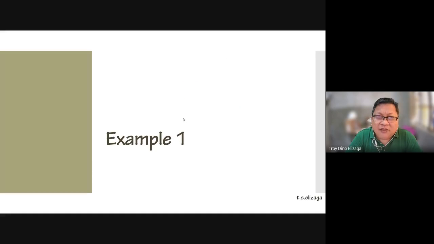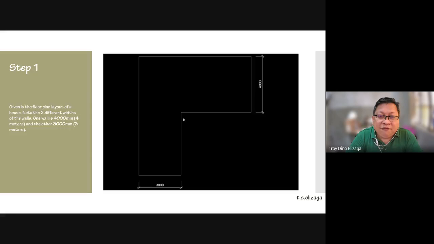Okay, so how do you draw a roof? A flat roof is very easy to draw, so we don't tackle it. And also a gable. The more difficult roof to analyze is the hip roof. Therefore, our examples and your exercise or your homework will be about a hip roof.